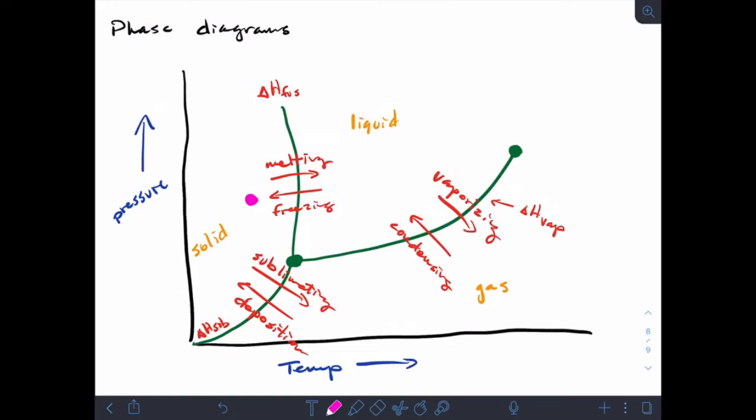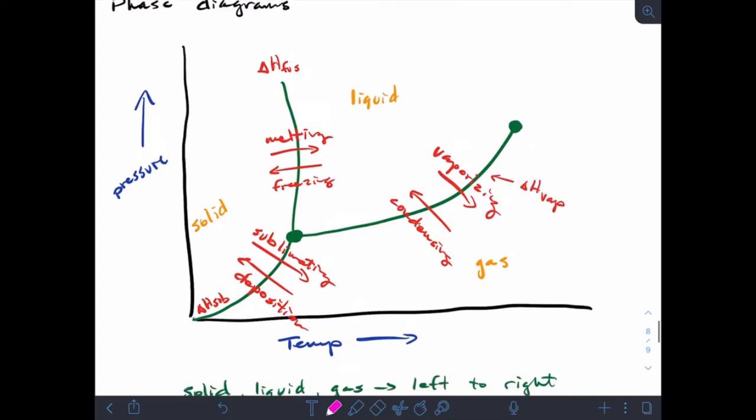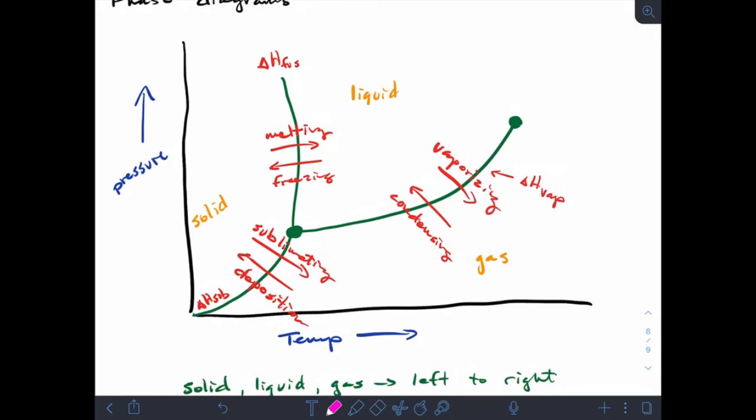And let's say I keep the temperature constant and lower the pressure very, very far. If I lower it far enough, I can keep the temperature constant and turn my solid directly to a gas. I can sublimate it. Okay, so this is how a phase diagram is useful. I can look at how the changes in pressure and temperature affect solids, liquids, and gases. Now, these two dots that I've drawn in here, okay, one of them, the one in the center, is called the triple point.